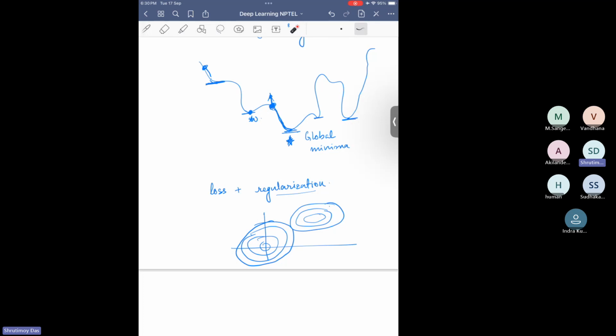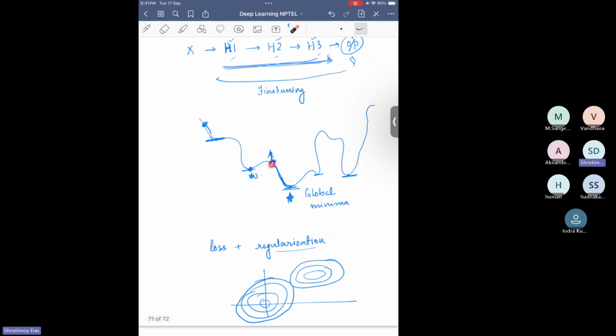So regularization basically says that I don't want to look at all of the weights. I will only look at weights in a specific region. So that is what is happening in this case as well.